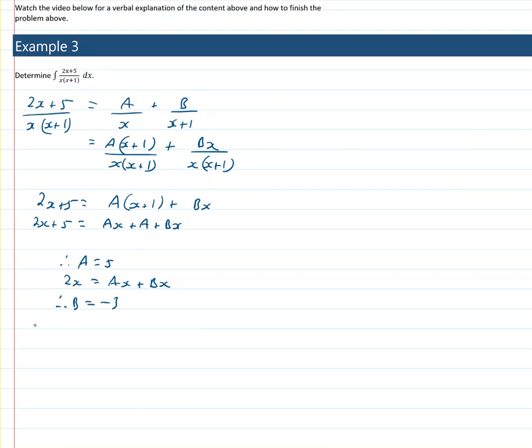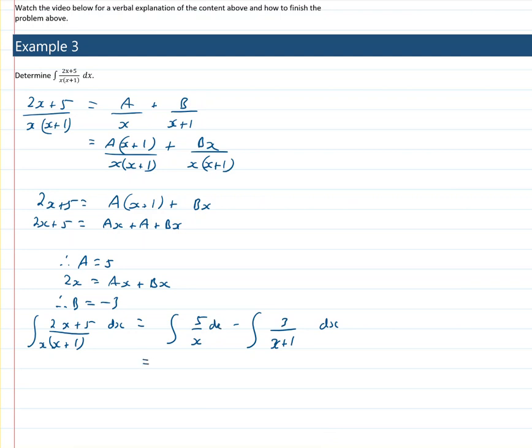From there, we're going to say the integral of 2x plus 5 over x times x plus 1, dx, is equal to the integral of 5 over x, take the integral of 3 over x plus 1, and they're both with respect to x. So that's what we've got going on.